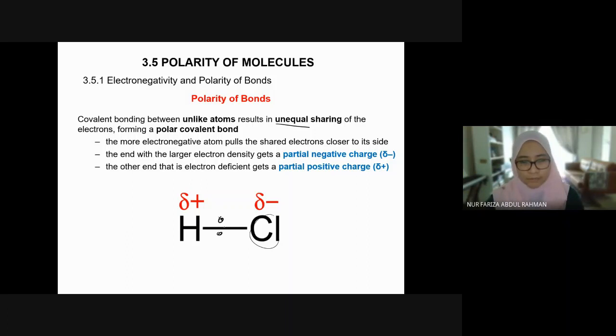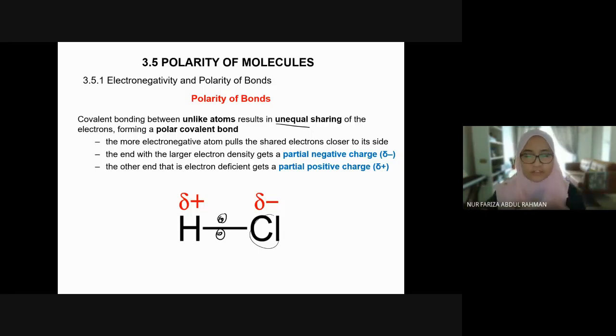So this is a bonding pair. Instead of sharing this bonding pair equally, Cl has a higher tendency to pull this bonding pair towards itself.